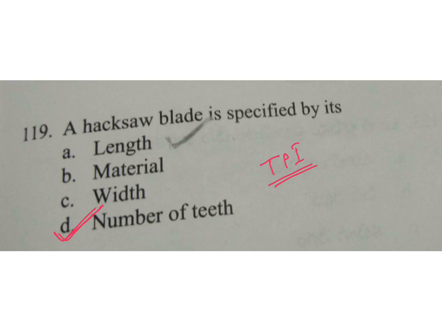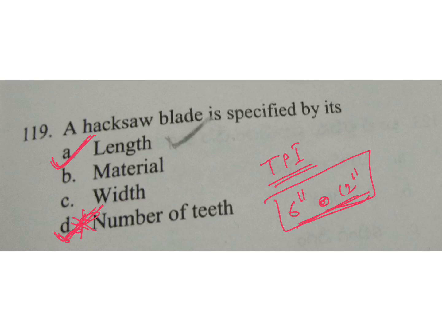Generally 6 inch or 12 inch is the specification, so I think A is the answer. Number of teeth is not possible. A is the answer because here we are using 6 inch or 12 inch.